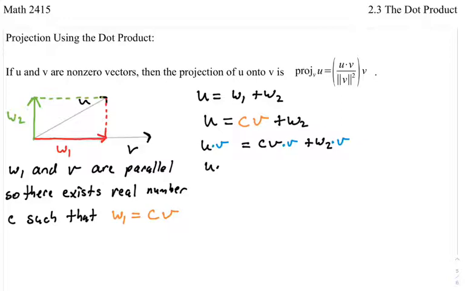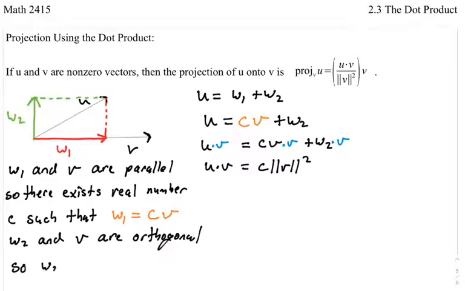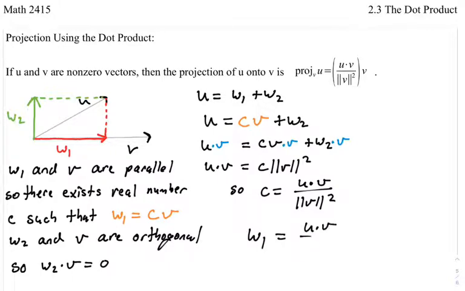So we get u dot v is equal to c times v dot v, which is the magnitude of v squared. And then we'll mention that w2 and v are orthogonal, and when you dot product two orthogonal vectors, the result is 0. So c is equal to u dot v over the magnitude of v squared. We knew that w1 was equal to cv, and we figured out what c is: u dot v over the magnitude of v squared in the direction of v.